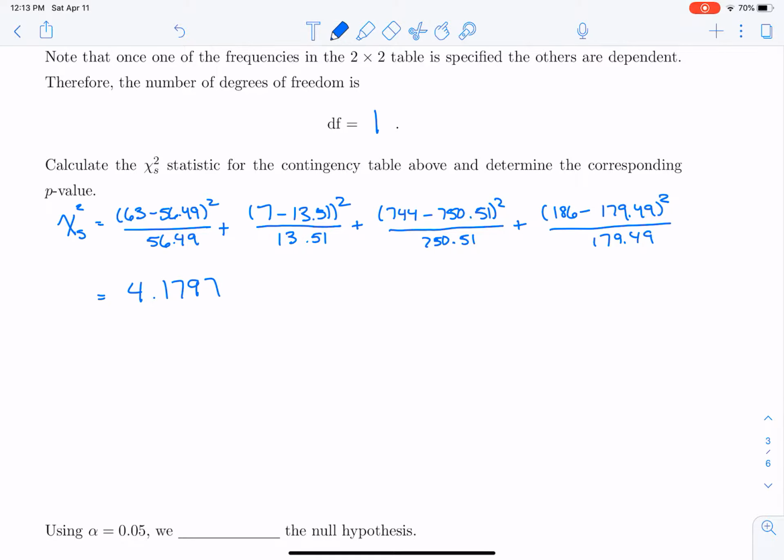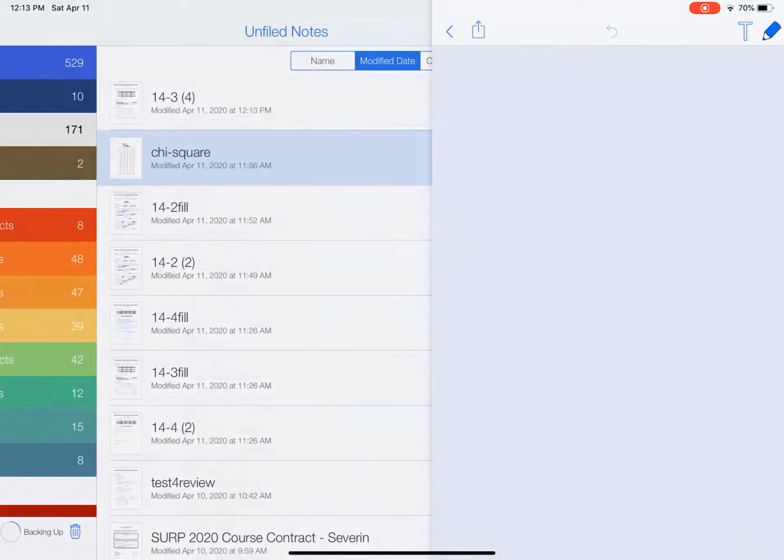4.1797. Okay, and so we need to compute the rejection region for 0.05. So we want our chi-square to be bigger than chi 0.05. So we should look at our chi-squared table.